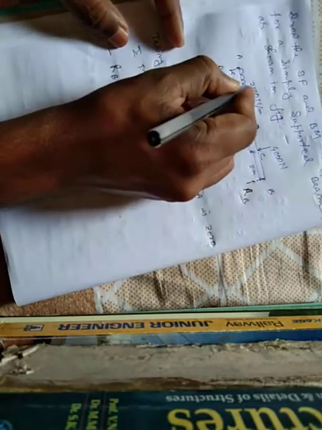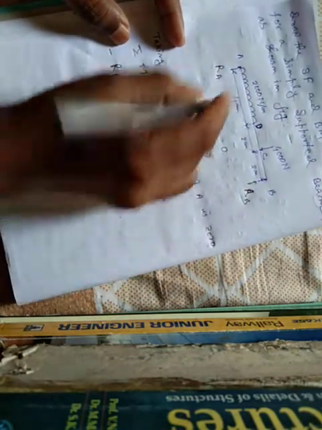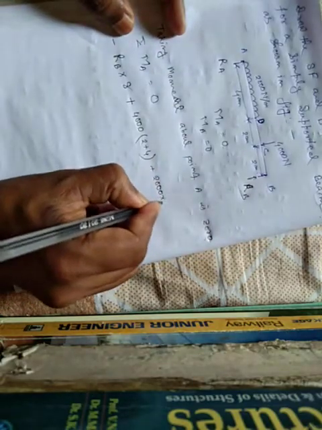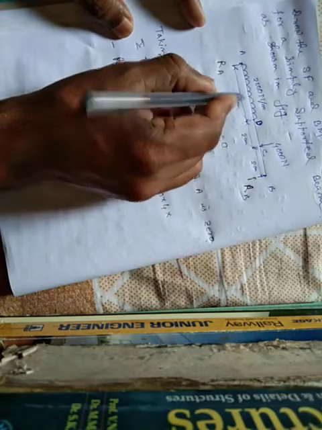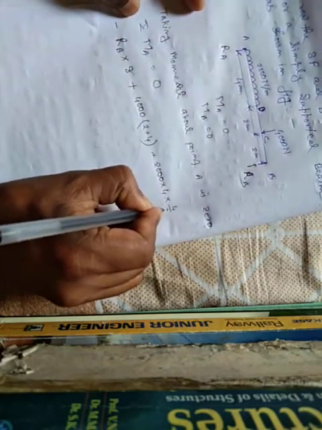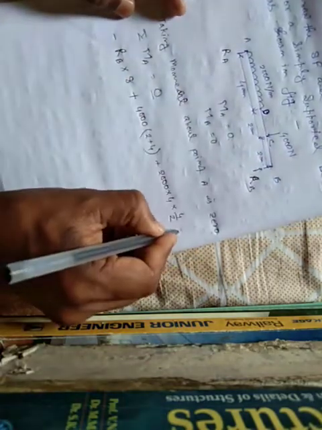And for the uniform distributed load 2000 Newton, total distance is 4 into perpendicular distance 4 by 2, which is 2. This is the total moment at point A, which is equal to 0.